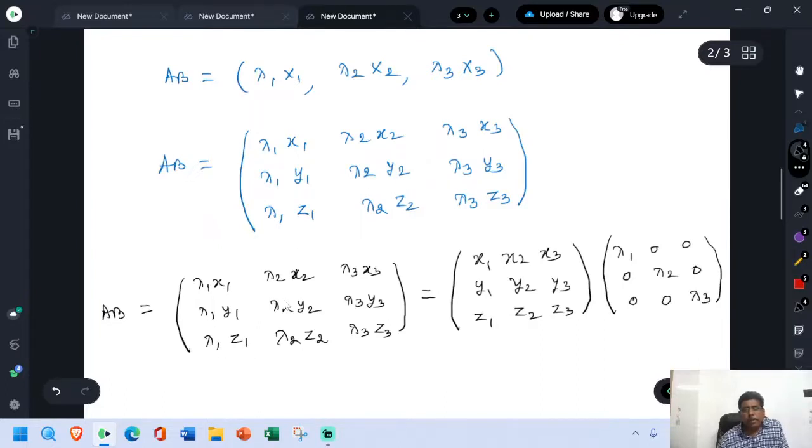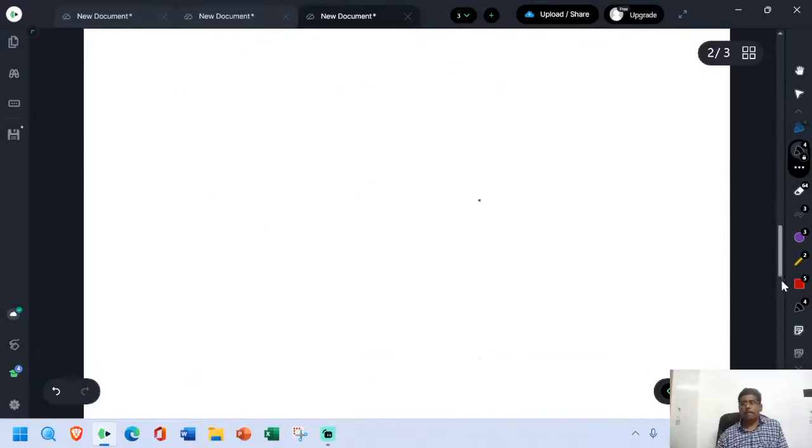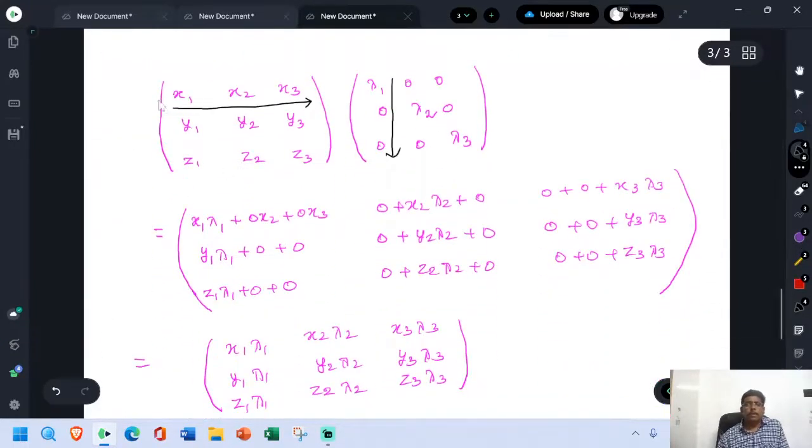This single matrix is separated into two individual matrices. If you multiply these two matrices, we can get this matrix. See here, x1, x2, x3, y1, y2, y3, z1, z2, z3, lambda 1 0 0, 0 lambda 2 0, 0 0 lambda 3. Take this row and this column.